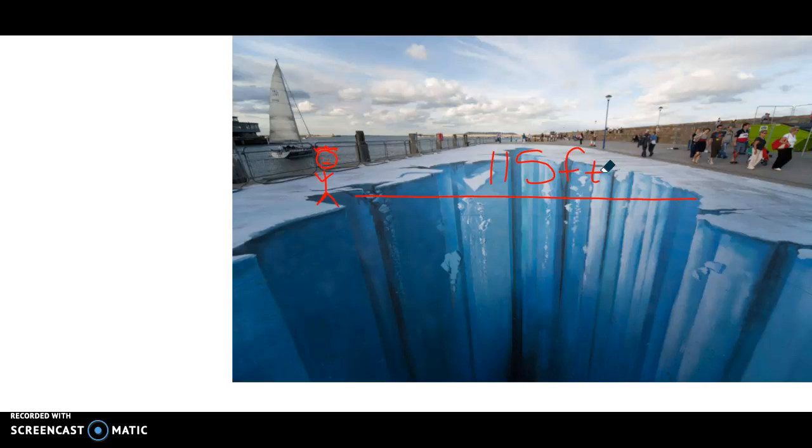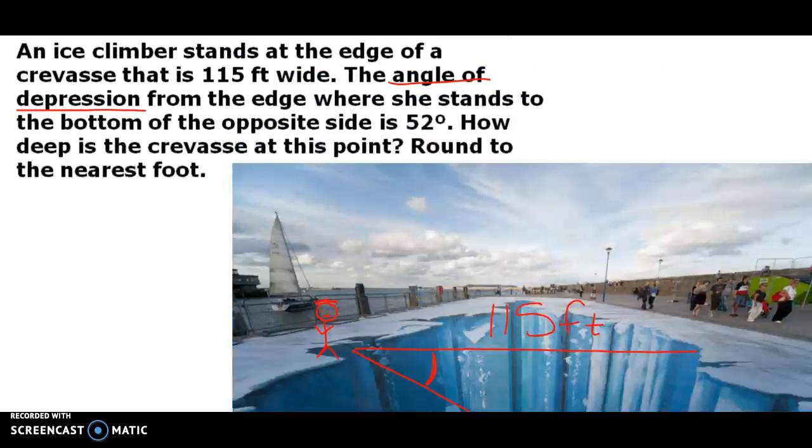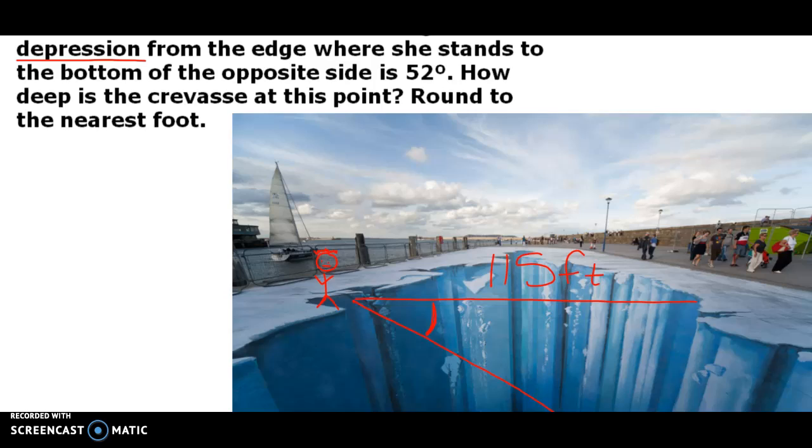We know that's how wide it is. And now it says his line of sight is an angle of depression. What does that mean? Down from the horizontal line to the opposite side of the bottom of the crevice. So down here somewhere. This is his angle of depression. And that is 52 degrees.